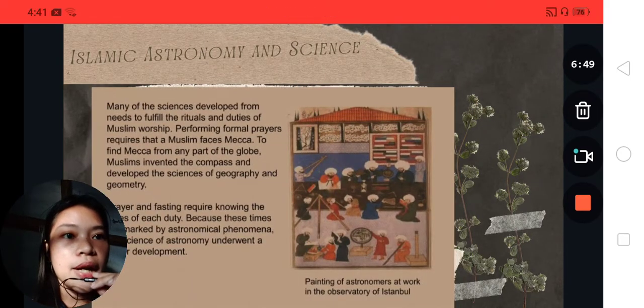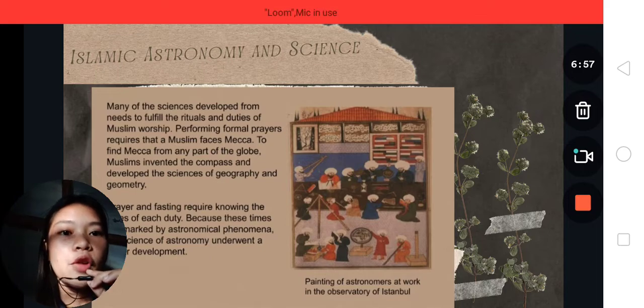Islamic astronomy and science. Much of the science developed from the need to fulfill the rituals and duties of Muslim worship. Performing formal prayers requires that a Muslim face Mecca, and to find Mecca from any part of the globe, Muslims invented the compass and developed the science of geometry.